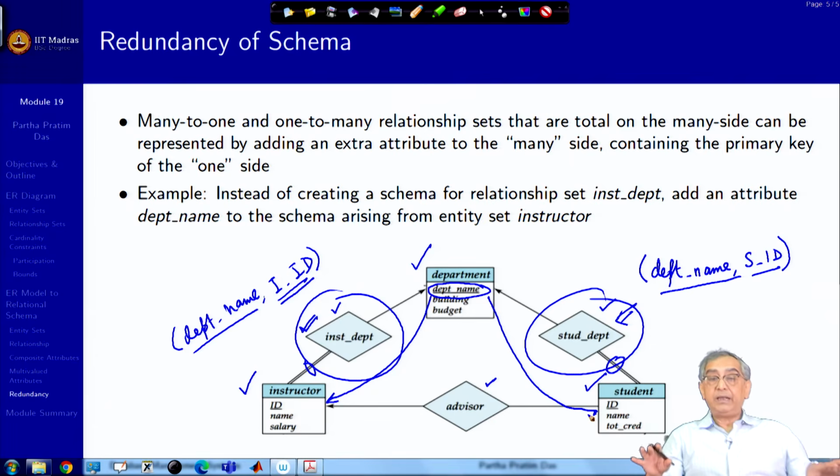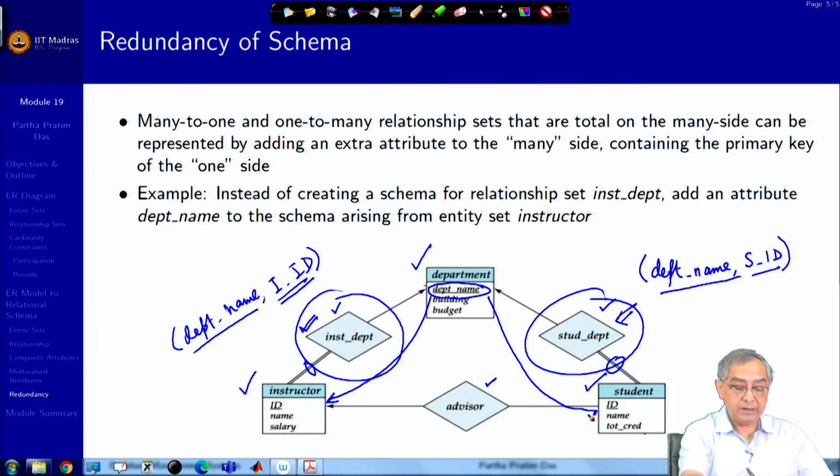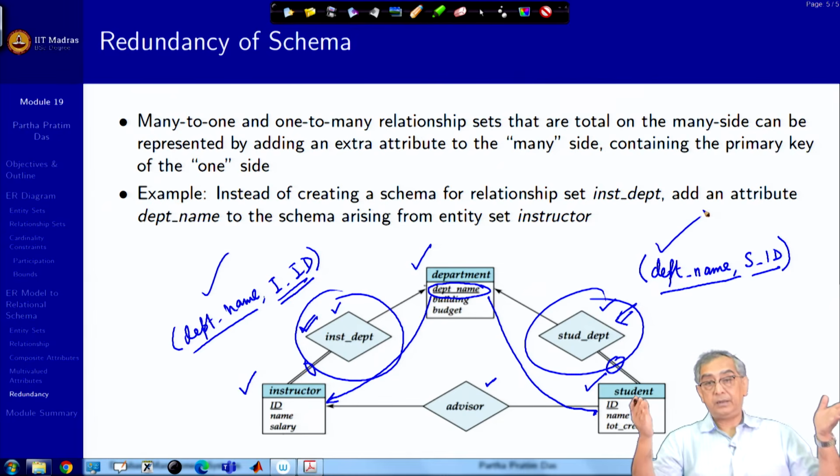So, I can just extend the instructor and student entity sets or relationships by an additional attribute department name and get rid of these two relationships, which will be two different tables like this altogether.